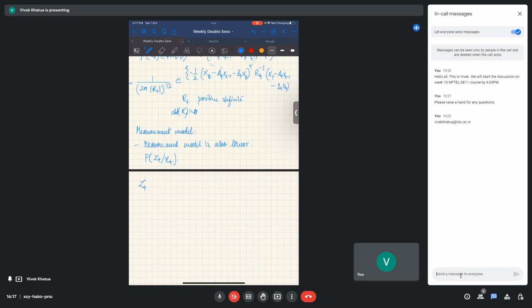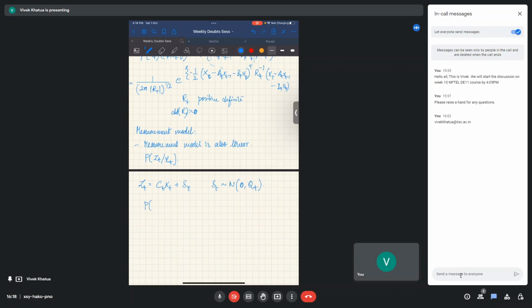Since we have told that this is linear, zt would be Ct xt plus some stochasticity that is denoted by delta t. This delta t is again a normal distribution with mean 0 and variance Qt.